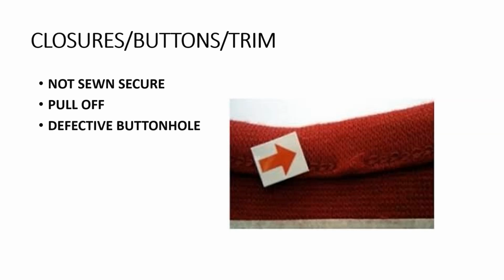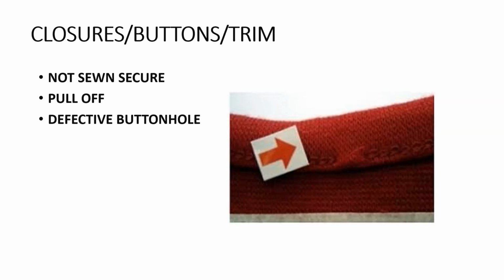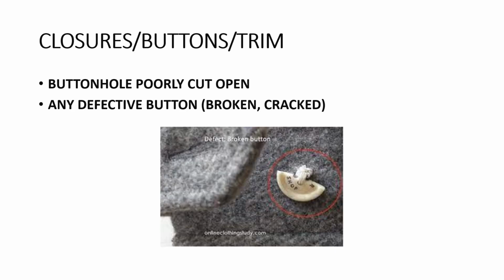Those are the things we need to check. Then we should also talk about the buttonhole. Is it poorly cut open or not, are defective buttons there or not. All these things together we have to consider for the particular garment.